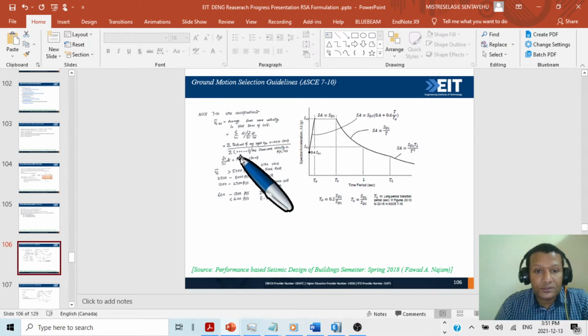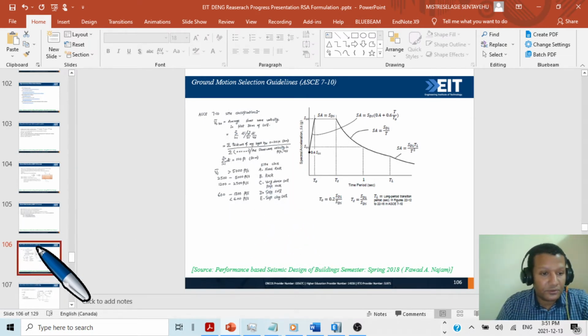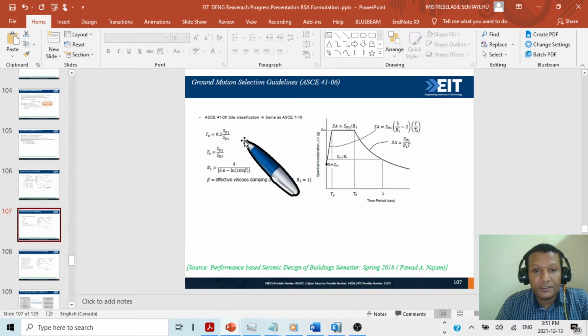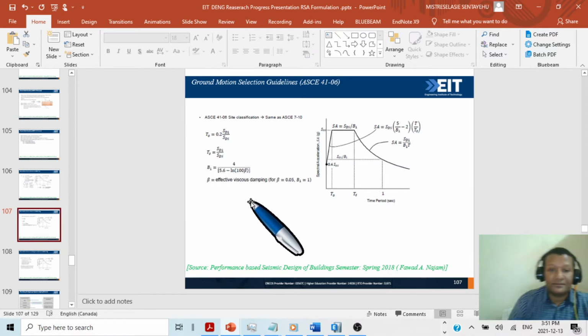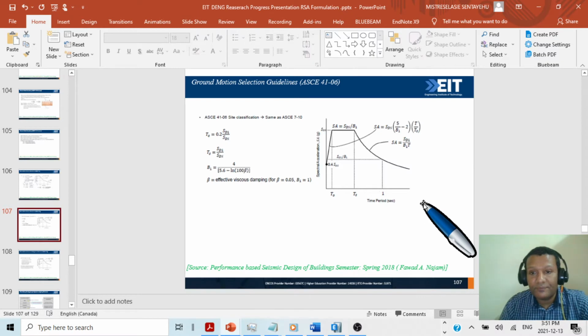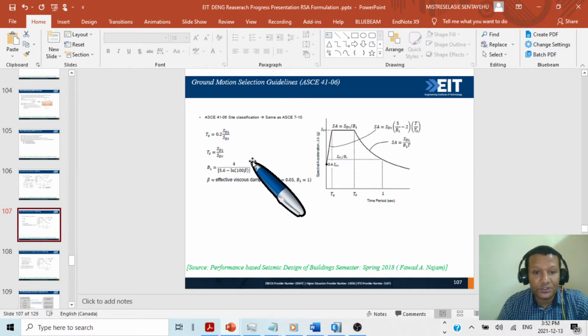So you can read this also, what is shear wave velocity and how to compute it. But ASCE 41-06 site classification is the same as ASCE 7-10. Now they included other factors. So as you can see, we have B1. This is the equation of B1. B is the effective viscous damping.